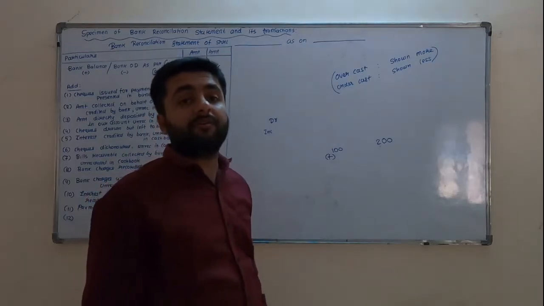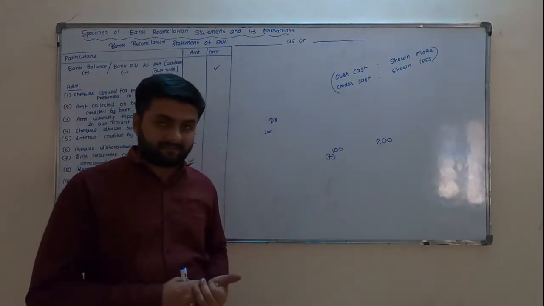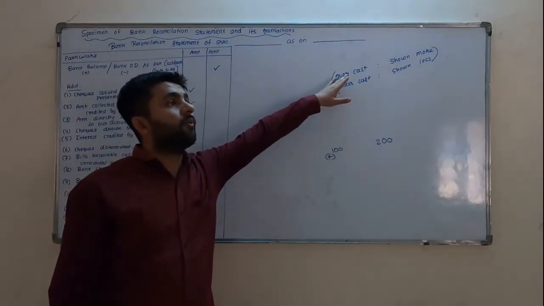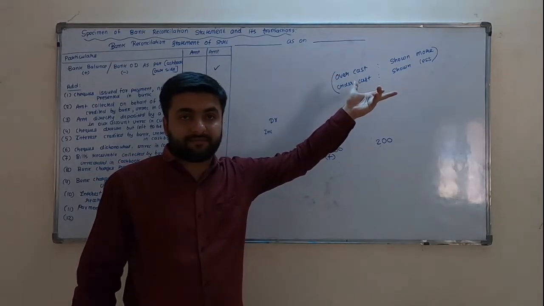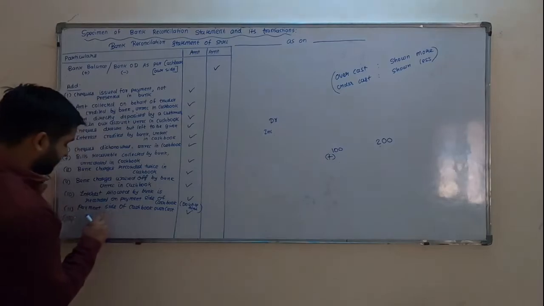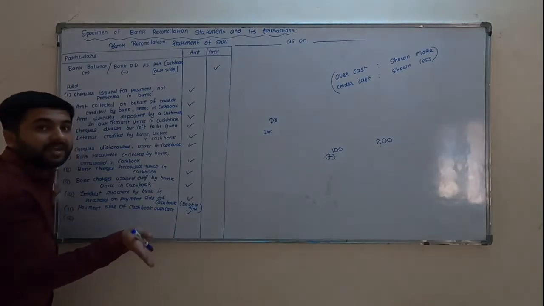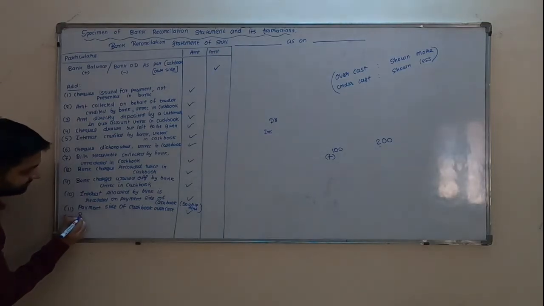It is the mistake of cash book. So when it is the mistake of cash book, we have to reverse the thing. See, when it is overcast, you do it on opposite side. So payment was overcast, so we have added. Now if receipt is undercast, again we have to add.